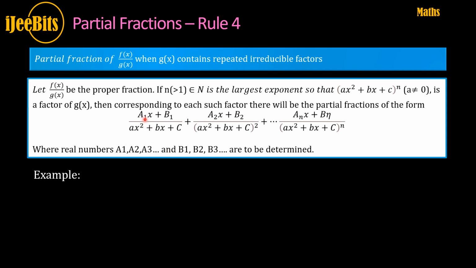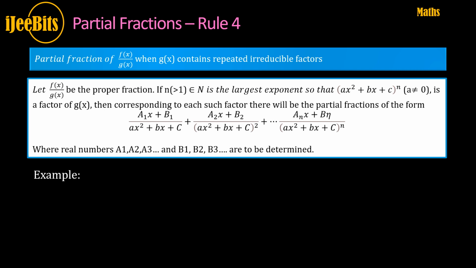And a1, b1, a2, b2, up to an, bn, all these terms are constants, non-zero values or 0, depending upon your findings, to be determined, and then plug them back into this expression to get the partial fraction for the given proper fraction. That's the idea. So let's give a small example which helps you identify how you're going to apply rule number 4.